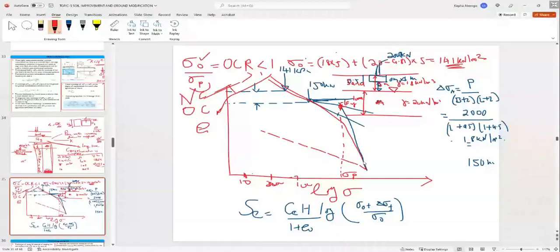All right, now I have to come back again. This Cc is the slope of this line, the slope of this line. It's called the virgin compression line. H is the thickness of the clay layer.